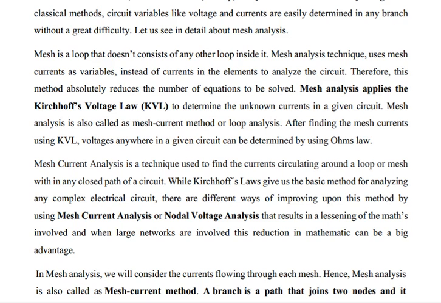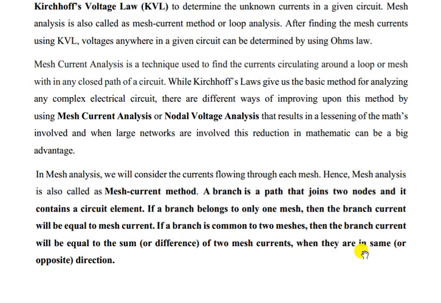In mesh analysis, we consider the currents flowing through each mesh. That is the first point. Hence, mesh analysis is also called the mesh current method. A branch is nothing but a path that joins two nodes and contains a circuit element.